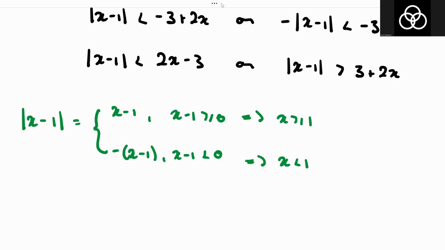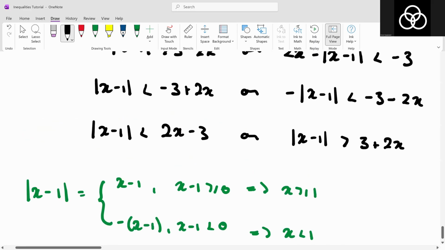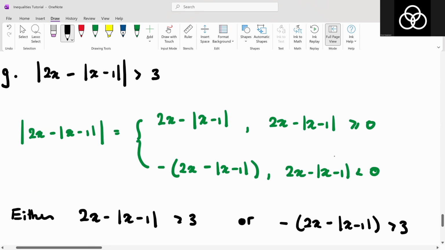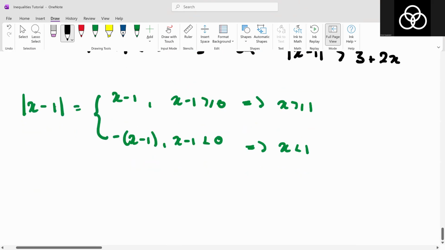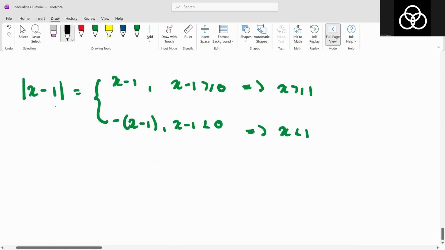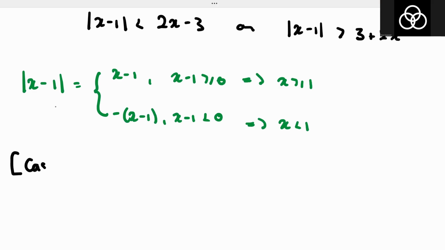Now it is easy to look at the two cases with specific values of x, right? Over here, it was kind of hard to find the specific value of x to break it into cases. But down here with the inner absolute value, we can find it. So let's look at case 1.